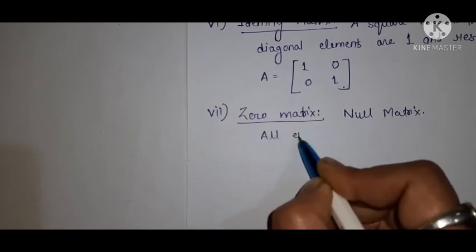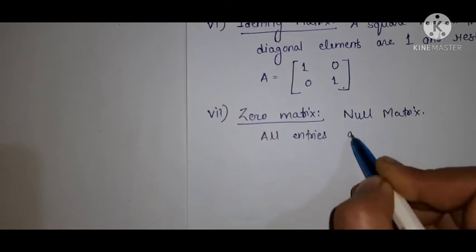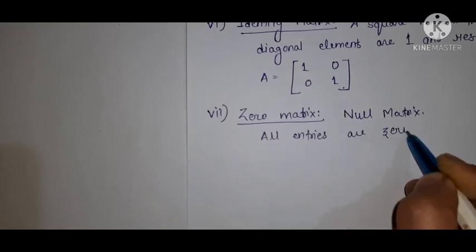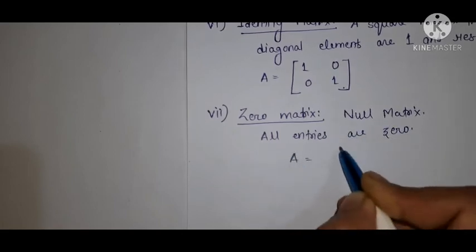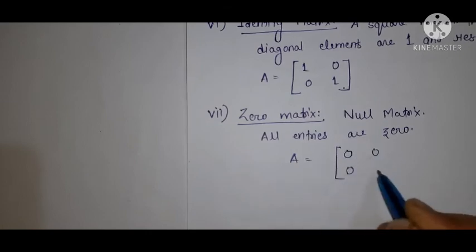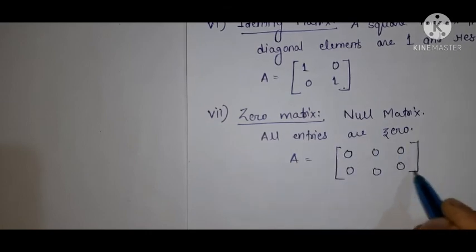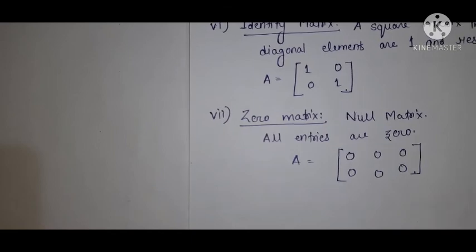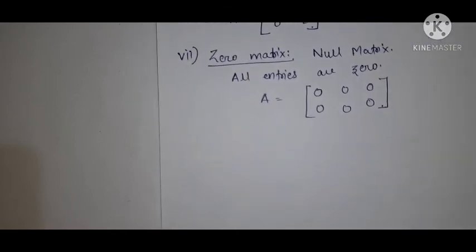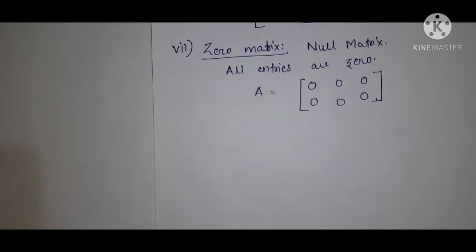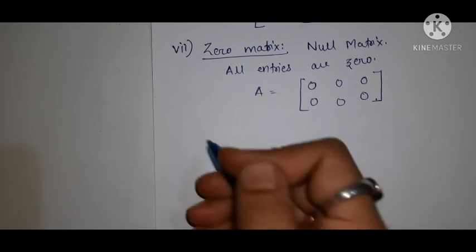All entries are 0. This is a zero matrix. So these are all the various types of matrix.